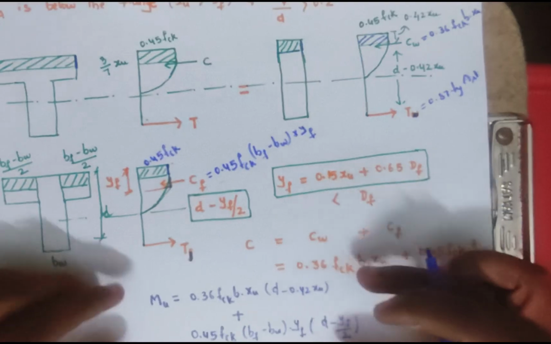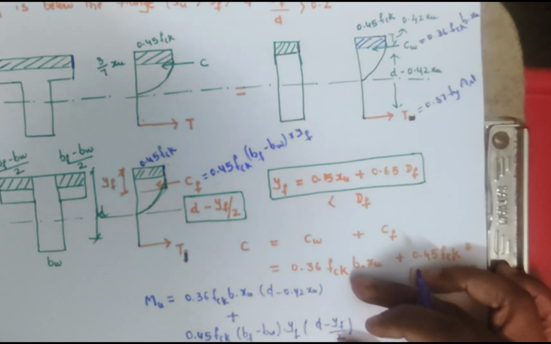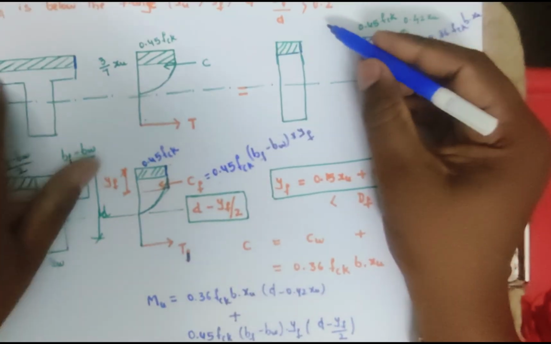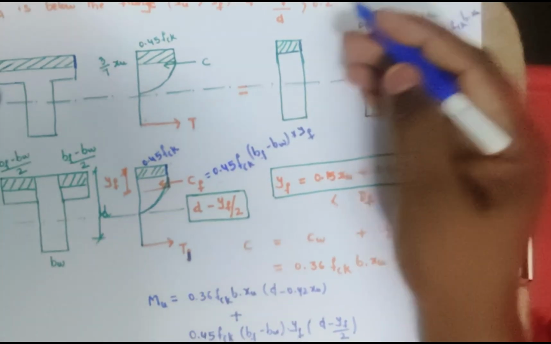This is the moment of resistance in the case of the ratio of df by small d greater than 0.2, right?